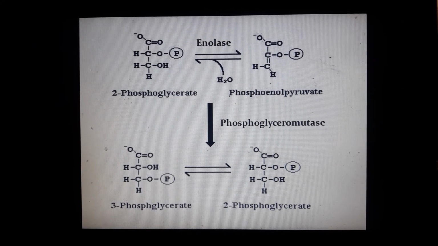This is still step 4, a continuation. The phosphoenolpyruvate, the product of step 4, is isomerized or converted to 3-phosphoglycerate by the phosphoglycerate mutase enzyme, and then the 3-phosphoglycerate is isomerized to 2-phosphoglycerate, which is the isomer of 3-phosphoglycerate.